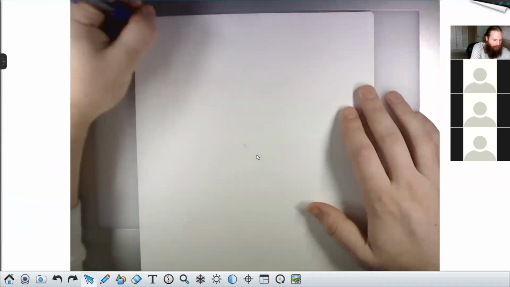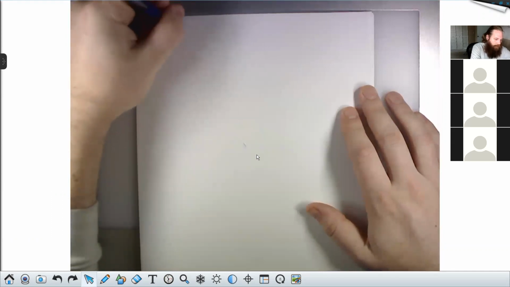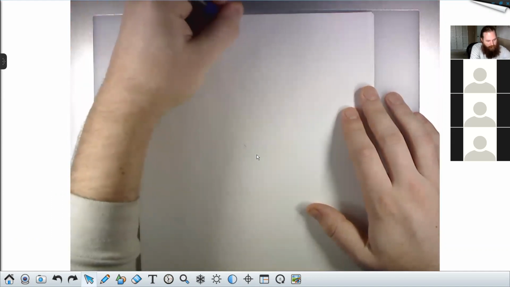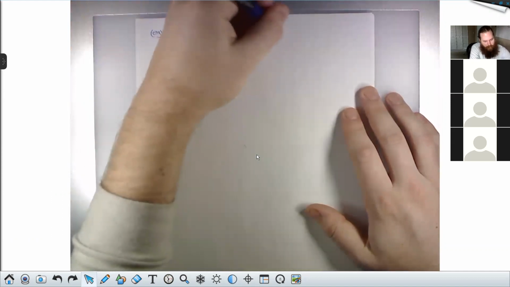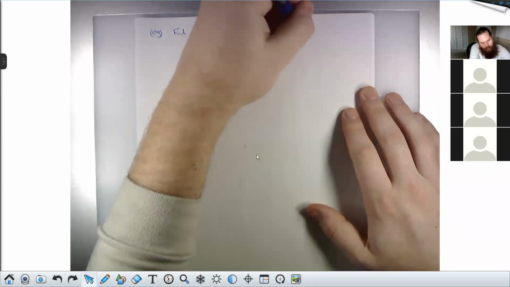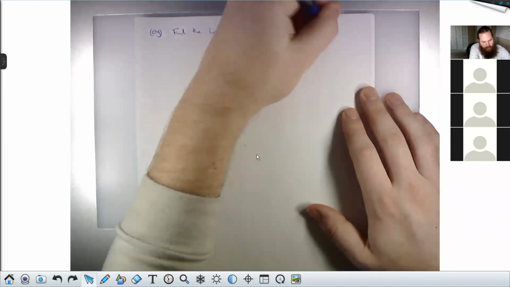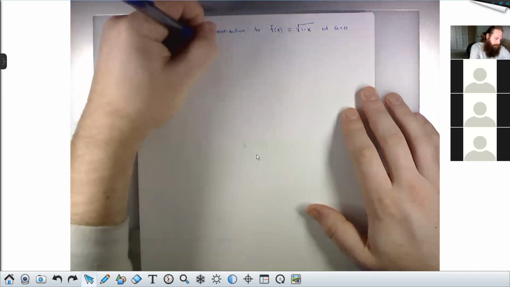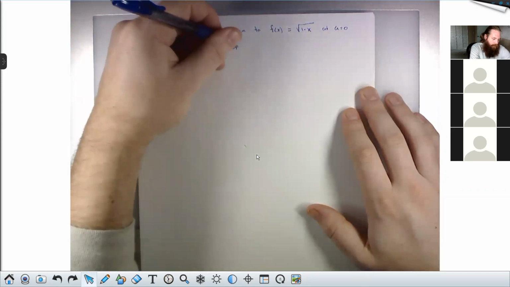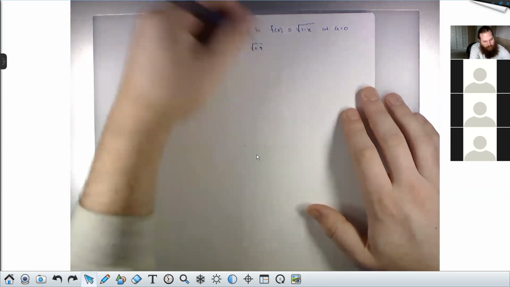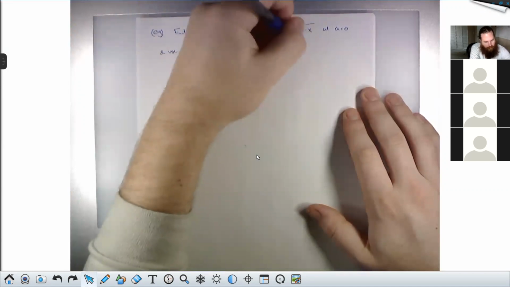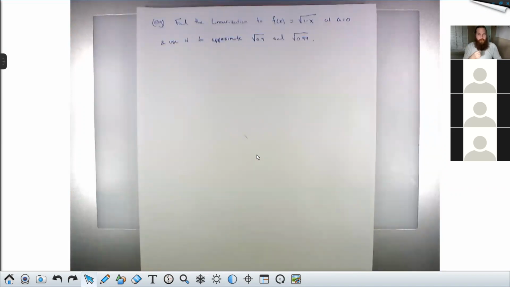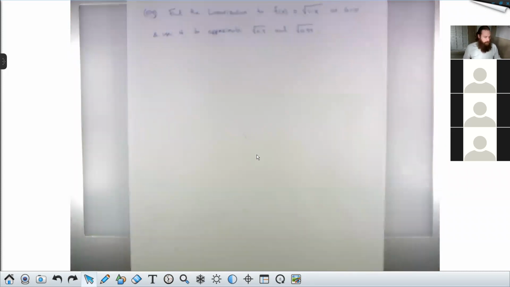So we're going to find the linearization to the function f of x equals the square root of 1 minus x. And then we're going to use it to approximate those two.